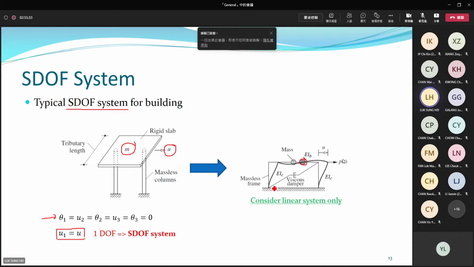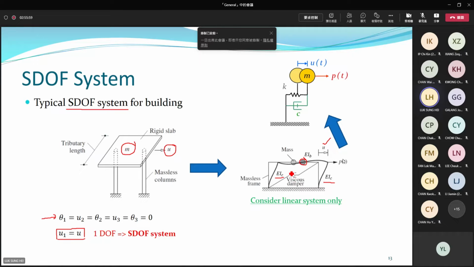Then you can see a more simplified picture, a 2D version. When this mass displaces horizontally, the columns will also bend under double curvature bending. Columns provide stiffness in terms of their flexural rigidity, EIC. The beam also provides some rigidity, EIB. Beam and columns provide stiffness.